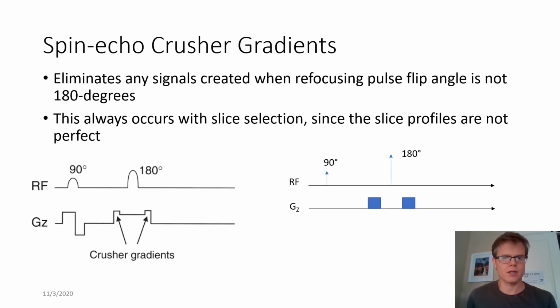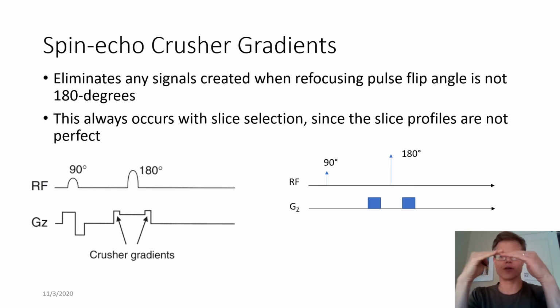Now there's another type of crusher gradient that you'll see in spin echo pulse sequences. And these are spin echo crusher gradients right here on the sides of the 180 pulse. And these can serve the purpose of eliminating signals when our refocusing flip angles are not perfect or not 180 degrees. And this almost always occurs, especially if we have slice selection, and slice profiles are not perfect rect functions.